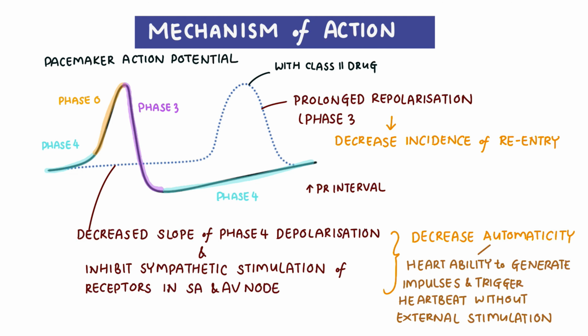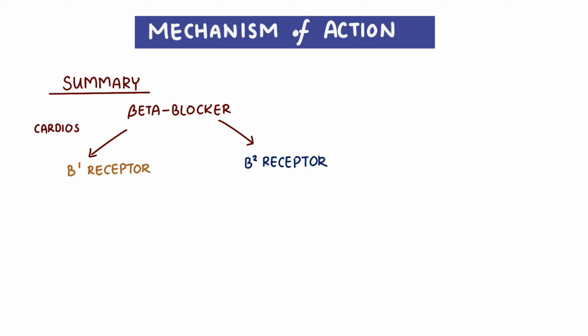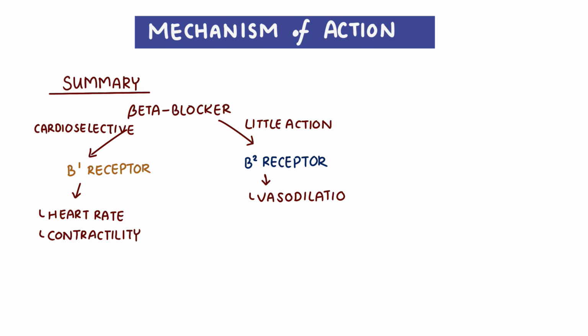When we talk about cardioselective beta blockers, we're primarily looking at their effects on the beta 1 and beta 2 receptors. Cardioselective beta blockers have a much stronger effect on the beta 1 receptors, while they have little action on the beta 2 receptors. The beta 1 receptors, when blocked, lead to a decrease in heart rate and a decrease in contractility.